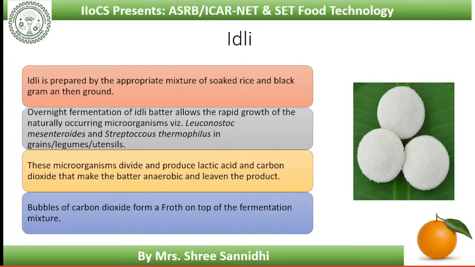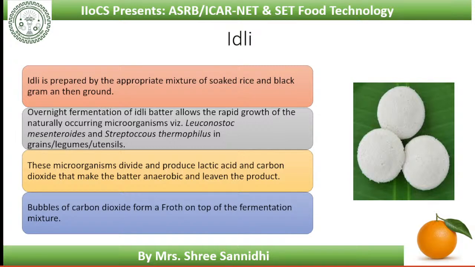So what is the source of these microorganisms? It is basically from the black gram, the urad dal, or from our hands when we mix the idli batter with our hands. The microorganisms from our hands also help in the fermentation, or the microorganisms present in the utensils.